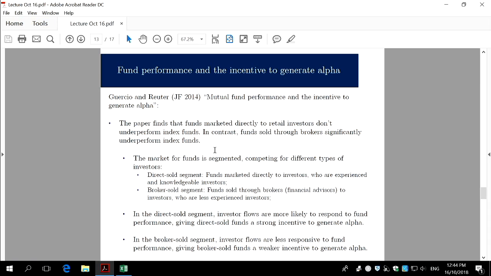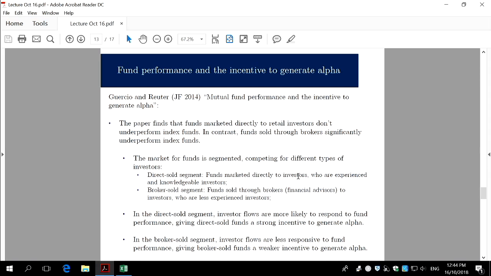There are two types of active funds. The first type is funds marketed directly to investors. The second type is funds sold through brokers to investors. So in other words, this fund market is segmented, and there are two different types of investors. The first segment is called direct sold, which means the fund markets directly to those investors.